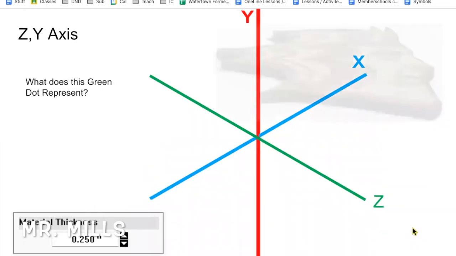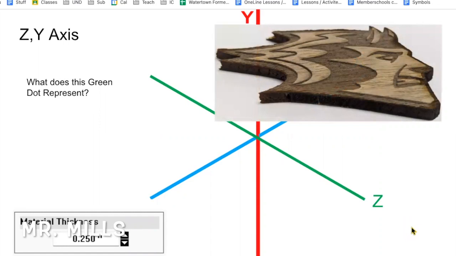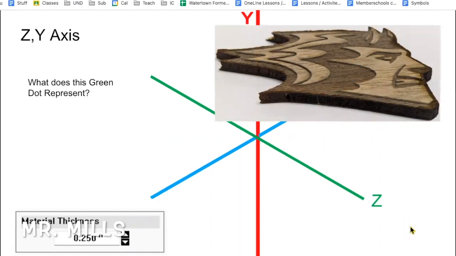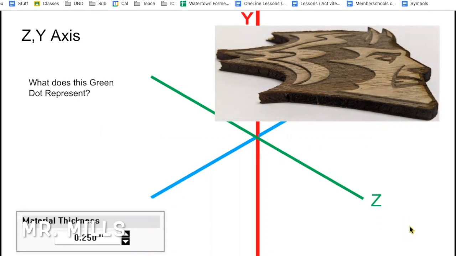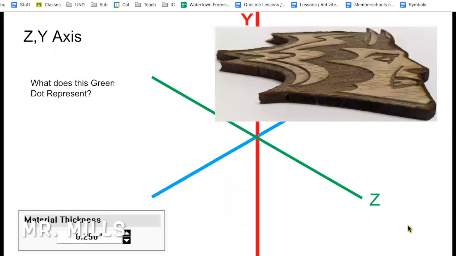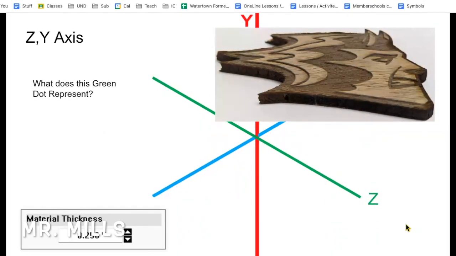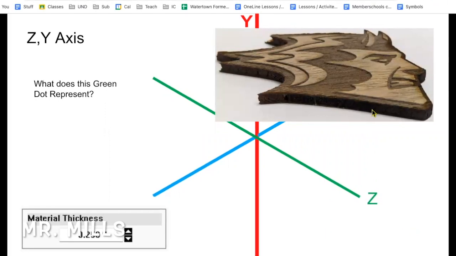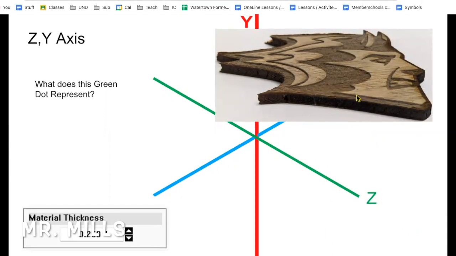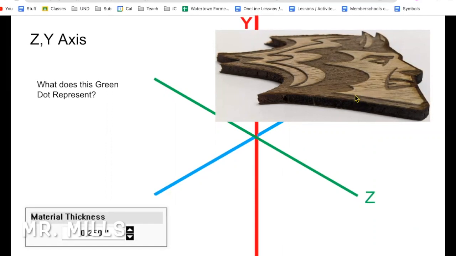The material thickness that we're looking at today with Blaze's head is 1/4 inch thick. The reason this is important is because machines like our laser engraver have a lens on them, and that focal point needs to be at a specific distance. Otherwise, that lens is going to be out of focus, and the lines we cut are going to be blurry and distorted, or maybe not cut through or cut very deep because it's at the wrong focal point.